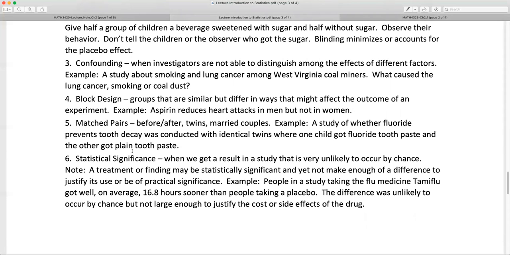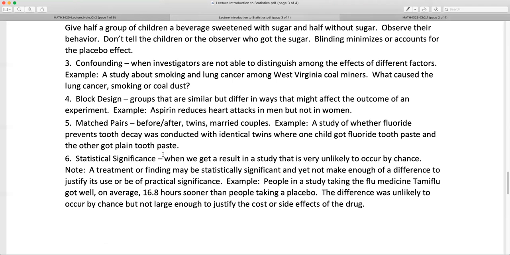When you experiment with matched pairs, the pair means married couples, twins, or the same person before or after. A study of whether fluoride prevented tooth decay was conducted with identical twins, where one child got fluoride toothpaste and the other got plain toothpaste.